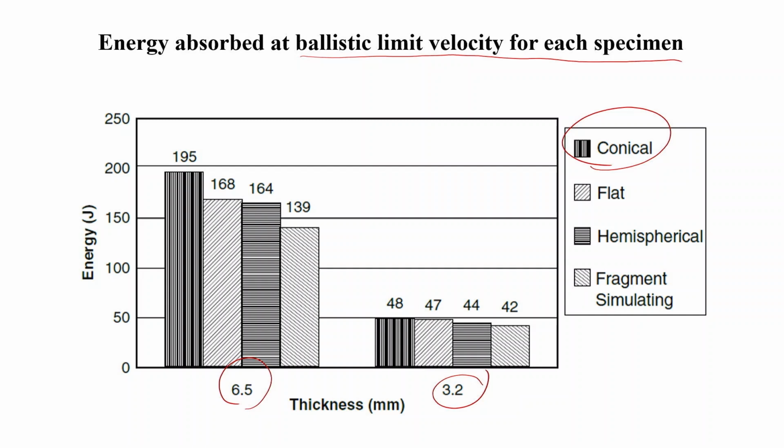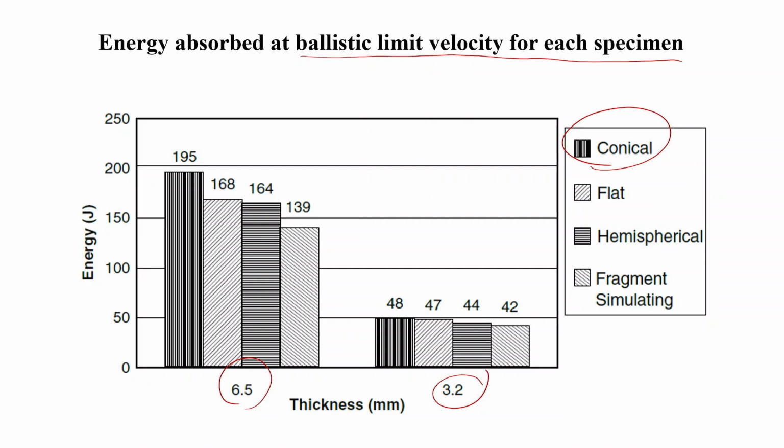Because of the thickness it actually takes load and there will be frictional loss and higher dissipation of the energy. So, the energy absorbed by the thicker panel will be higher than the thinner panel.